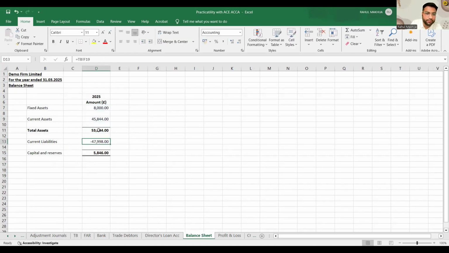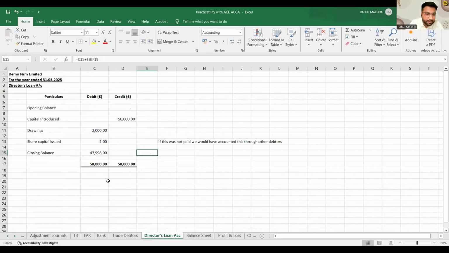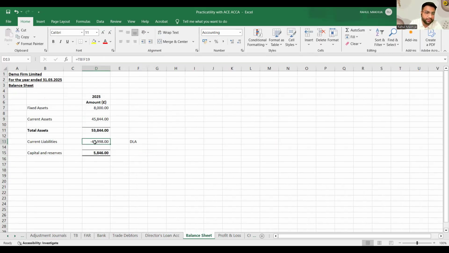Now we talk about current liabilities. There is only a single liability in this case, which is DLA, the director loan account. And what's our director loan account closing balance? £48,998. And we have also rechecked this with the trial balance. So here it comes to current liabilities.